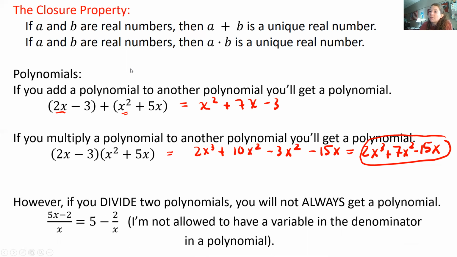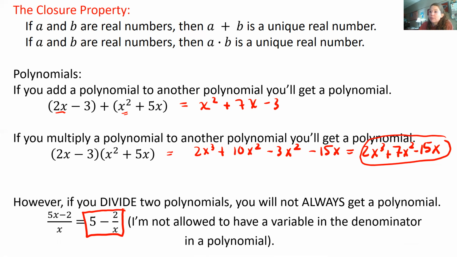However, when you divide two polynomials, you do not always get a polynomial. So here we have 5x minus 2, which is a polynomial, divided by x, which is a polynomial, and your answer is this right here.